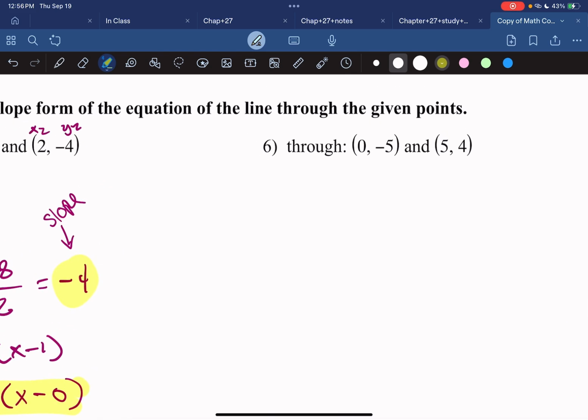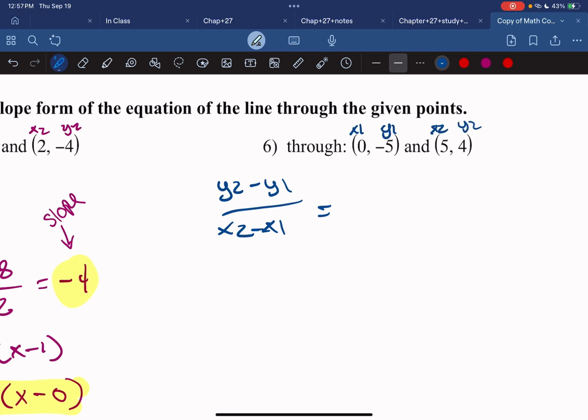Number 6, same thing, point slope form. Let's find our slope. How do you find slope? y2 minus y1 over x2 minus x1. Let's label. Let's do it on the bottom, actually.